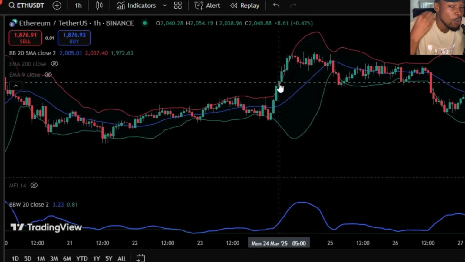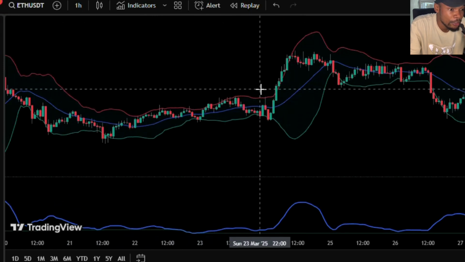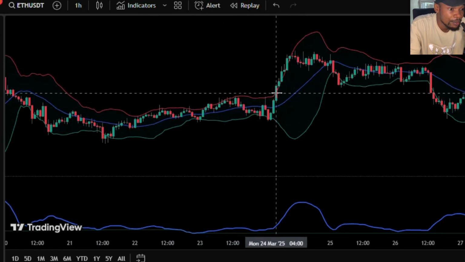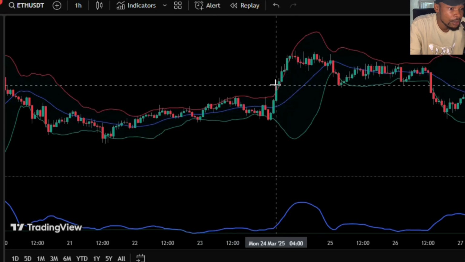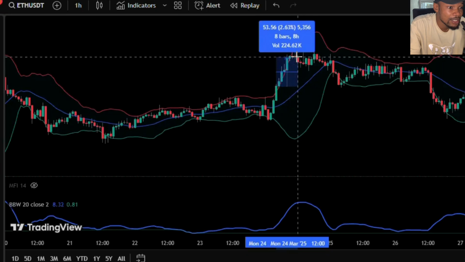Since it's a 1 hour time frame, you can use it on any time frame, but we are using a 1 hour time frame. If you put it in our profit calculator, let's see how much we would have made from here. Okay, we would have made give or take 2.5% or 2.6%. And of course, this is nice for you if you are day trading.